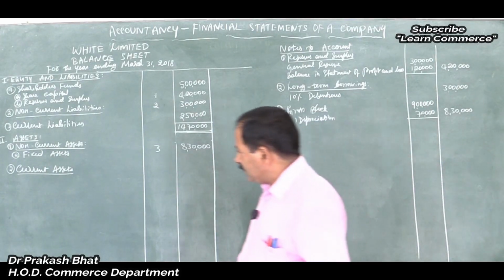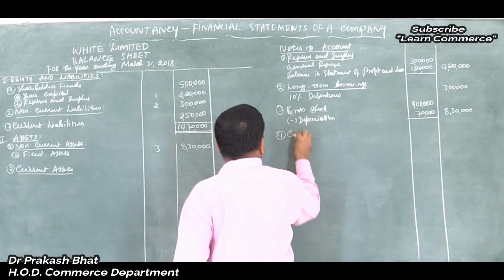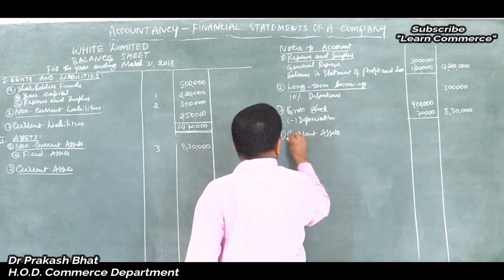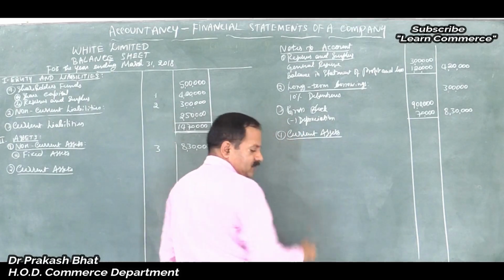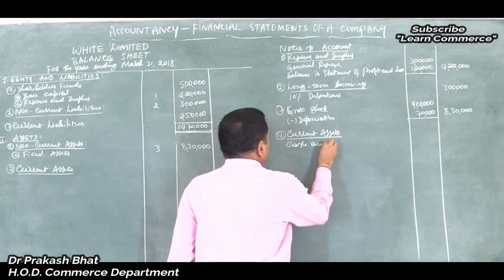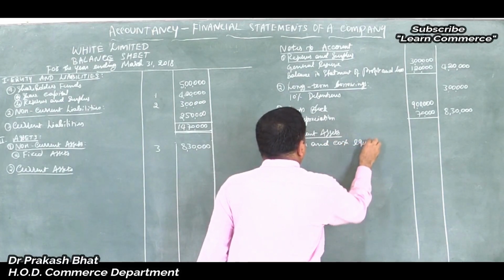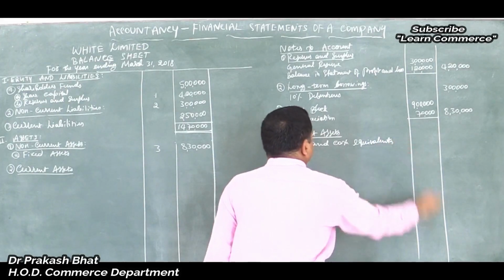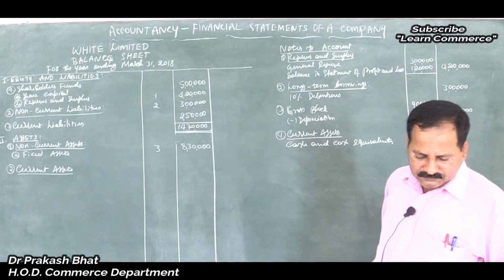So we will write under this current assets, cash and cash equivalents. How much is it?